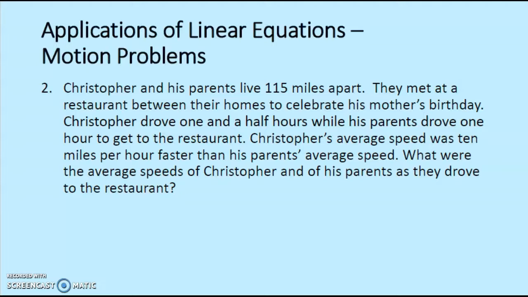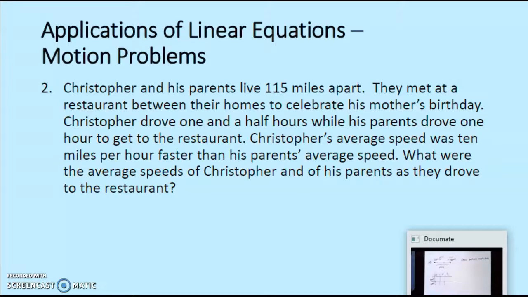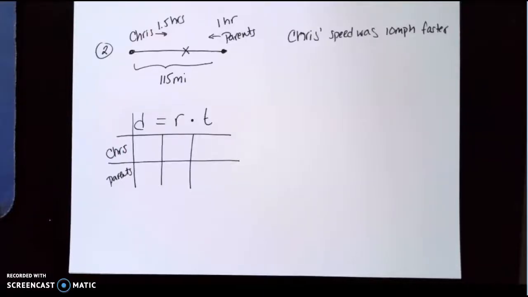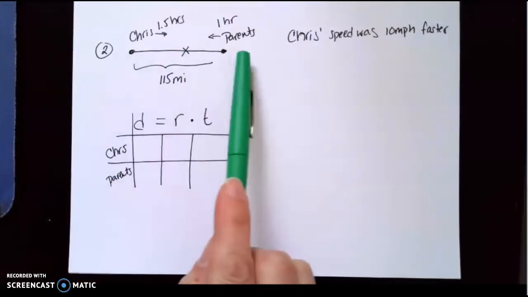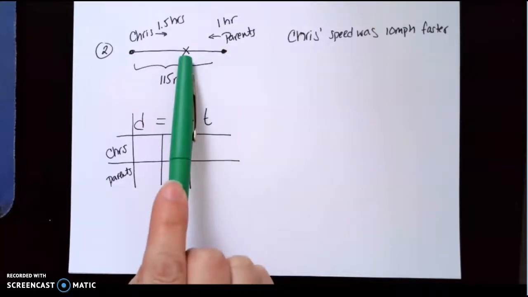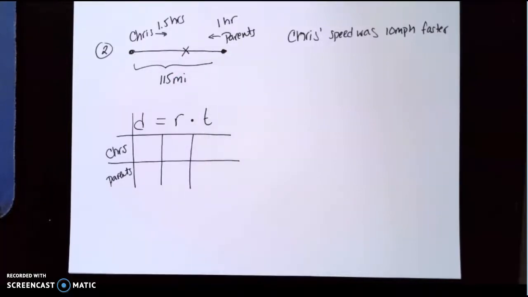So again, one strategy here would be to gather the information in the problem and maybe draw a little diagram or picture as needed. So I have a diagram here. We have the location of Chris and of his parents. They meet somewhere in between their locations, not necessarily right in the center, we're not told, but somewhere in between.